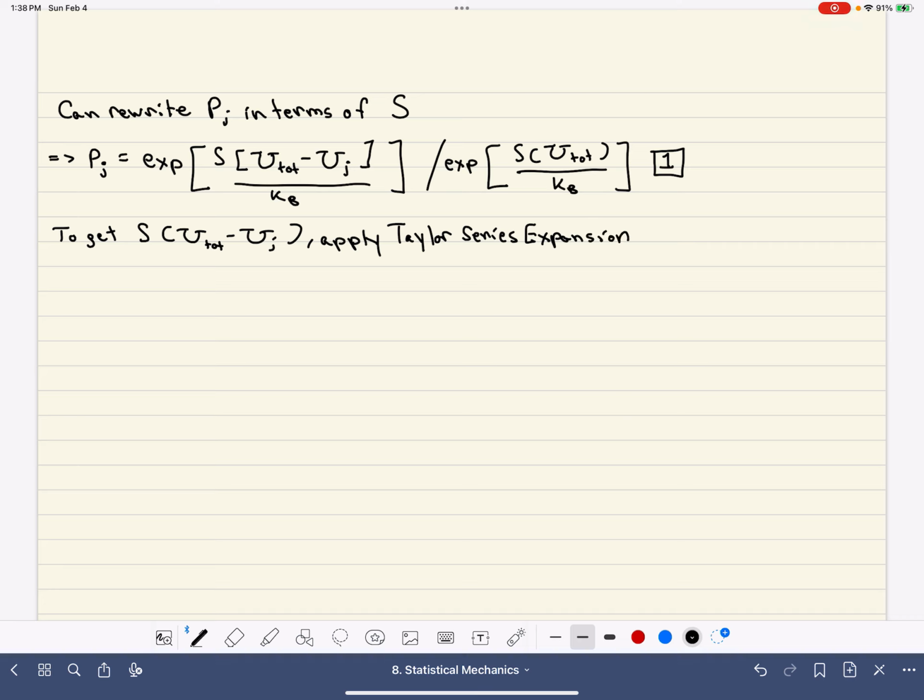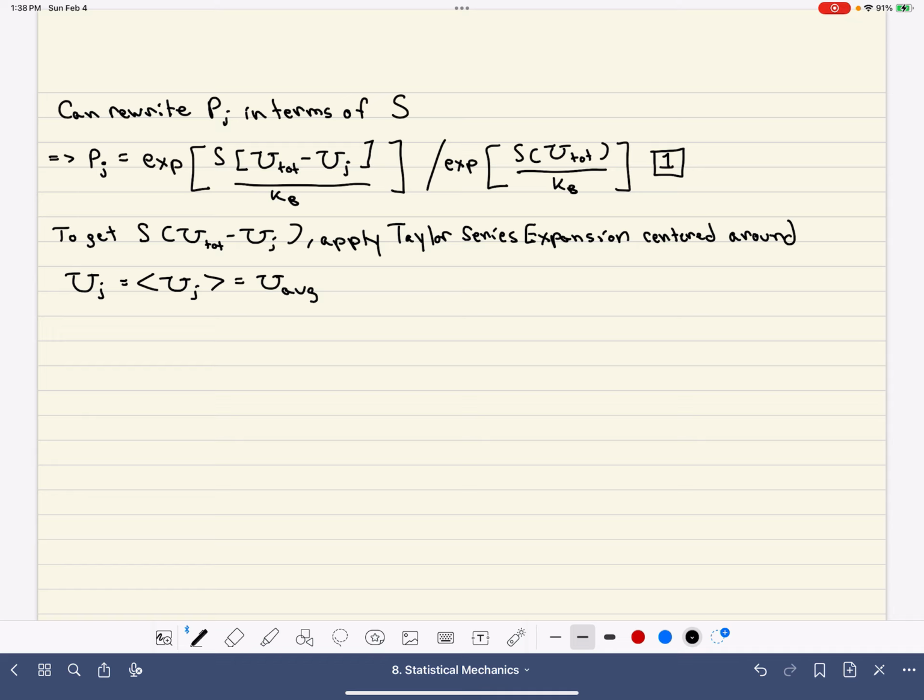That Taylor series expansion is going to be centered around u_j being equal to the average value of u_j, or in other words, I'm just going to call this u average.